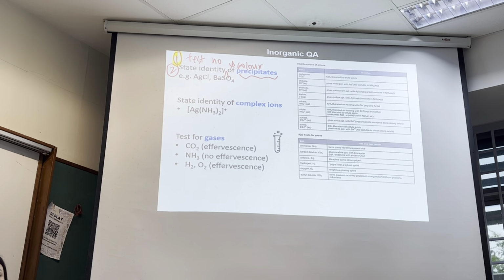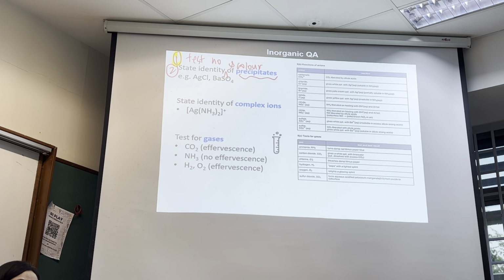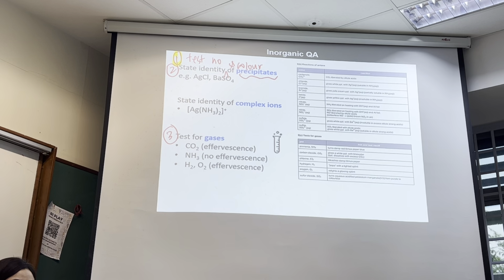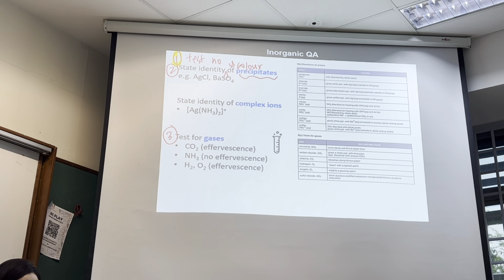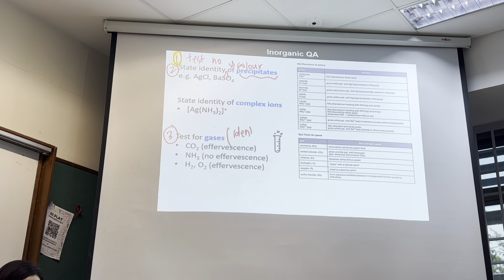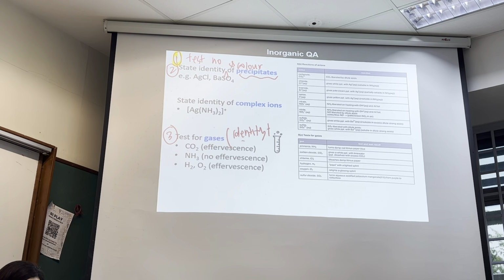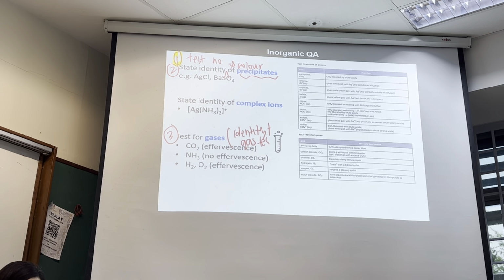So, for example, off-white precipitate of manganese(II) hydroxide, turning brown on contact with air. Number 3, if there are gases, please make sure you write the gases. So it is identity plus gas test. Effervescence of carbon dioxide, which forms a white precipitate in limewater.